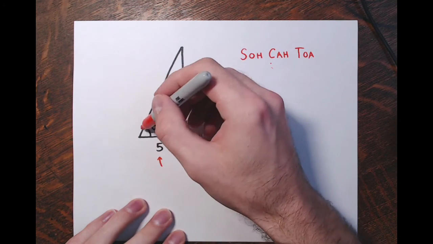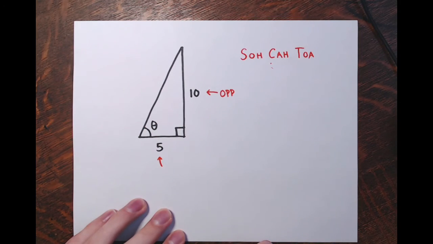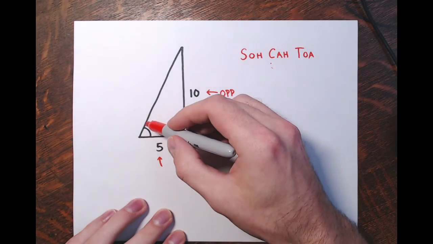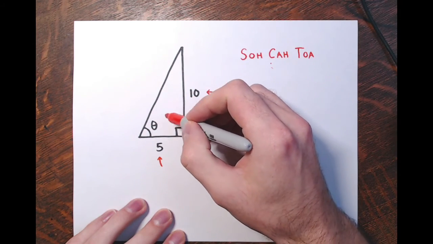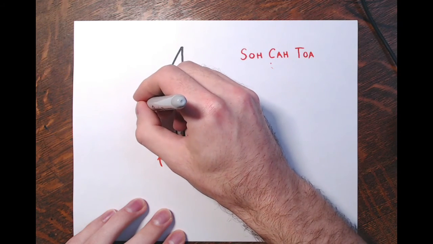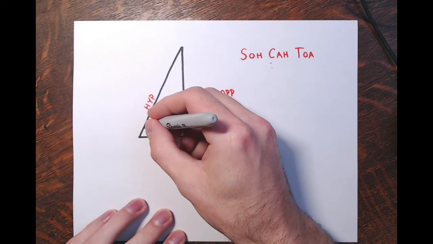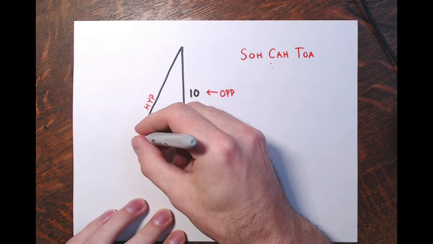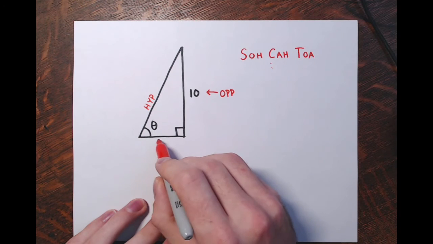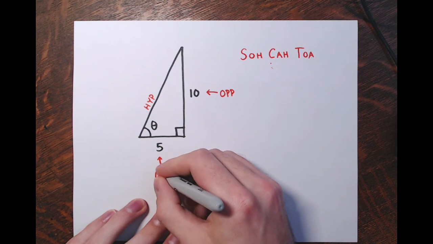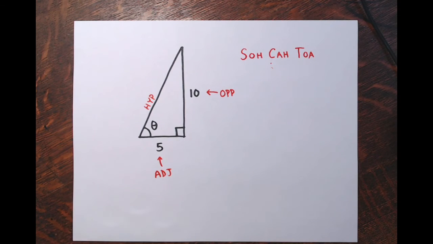Now I know that there are two adjacent sides, since adjacent means touching or near. But the side opposite the 90-degree angle is always called the hypotenuse. So yes, it is adjacent to the angle, but it's the hypotenuse. So this other side here is the adjacent side. I'll put ADJ for adjacent.